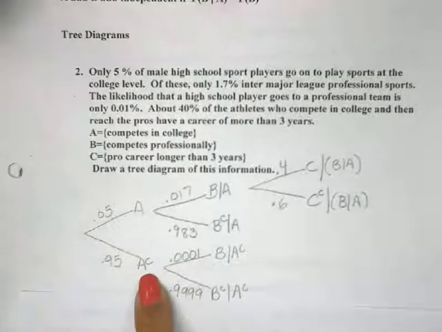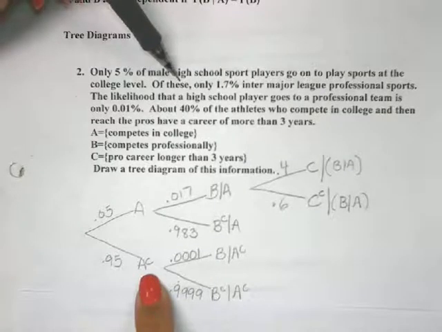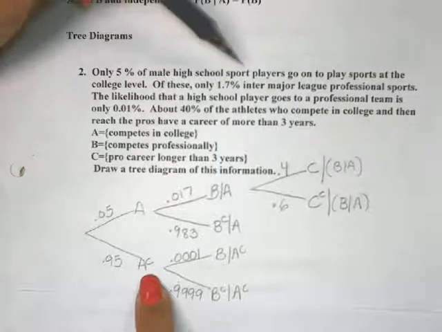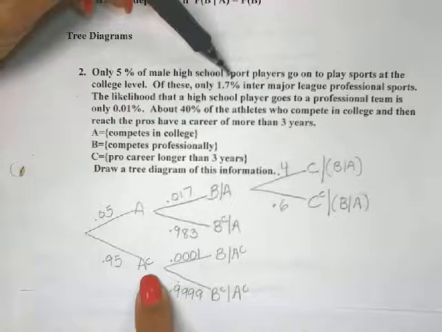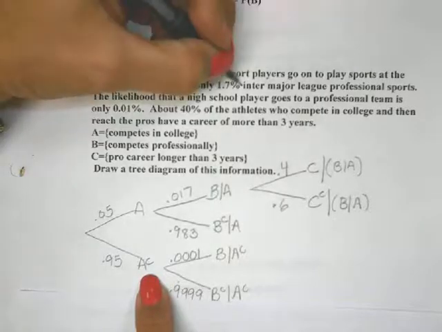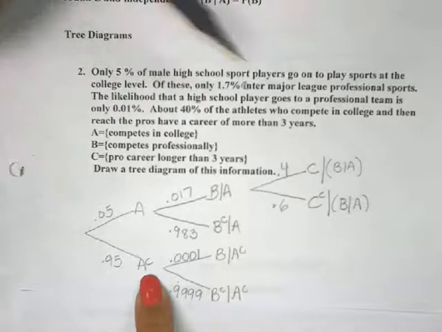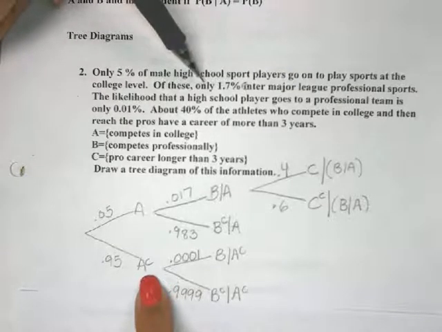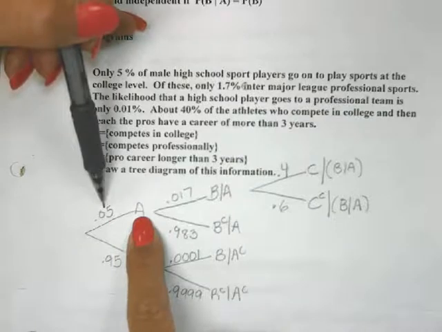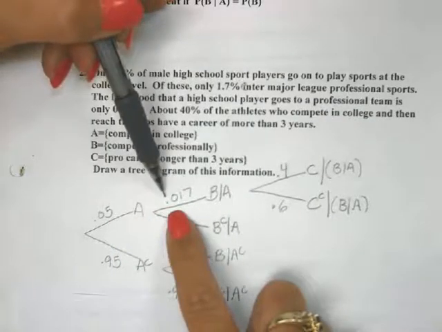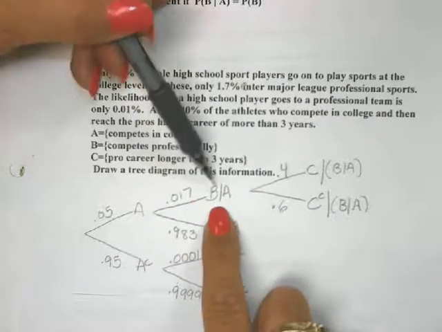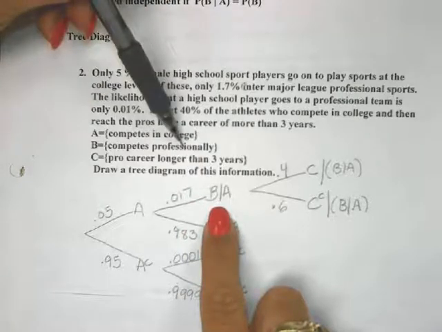Going back up, of these who compete in college level, only 1.7% enter major league sports, professional sport of some kind. So if you've attended college, then we have 0.017 will actually go on to play professionally in the major leagues.